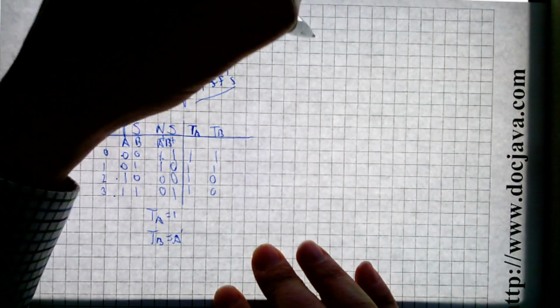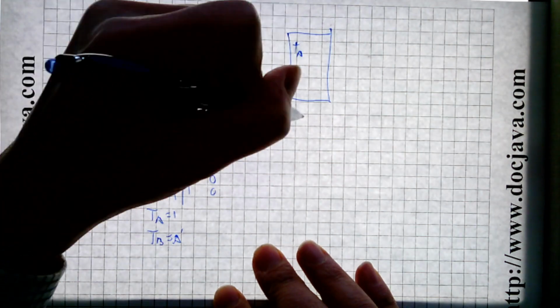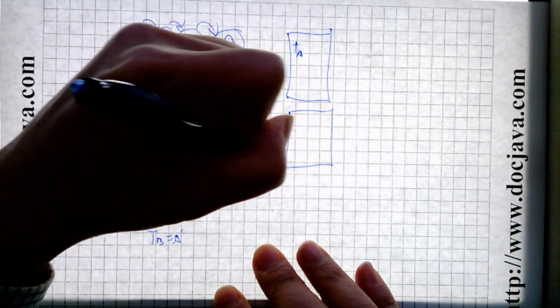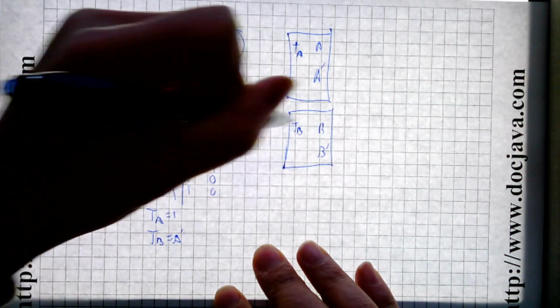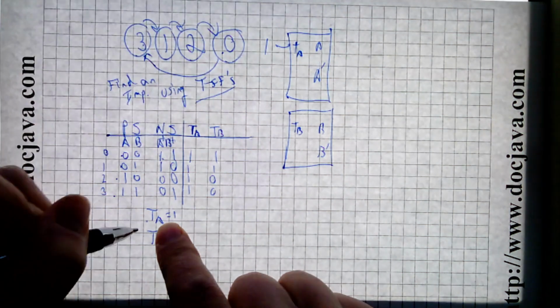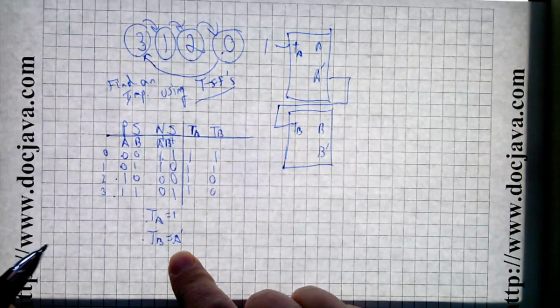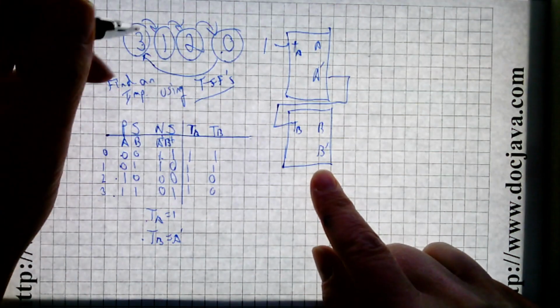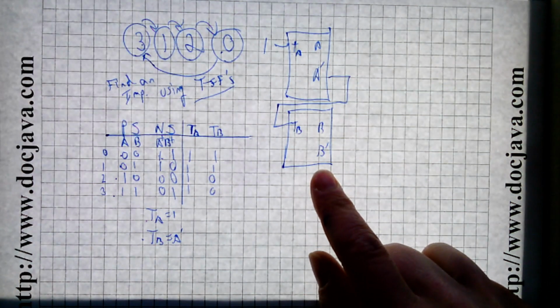So now my implementation: T sub A equals 1. T sub B equals A prime. And now I've got my wacky little counter that goes 3, 1, 2, 0, 3, 1, 2, 0 all day long.